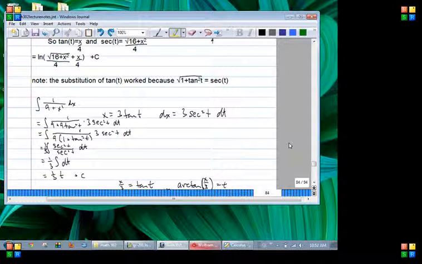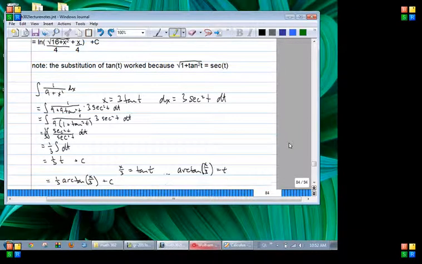Therefore, arctan of x over 3 is t. And because the integral worked out so simply, that's all we need. So the answer is 1/3 arctan x over 3 plus c. And look at the original integral. Now you can see what to do with that constant.